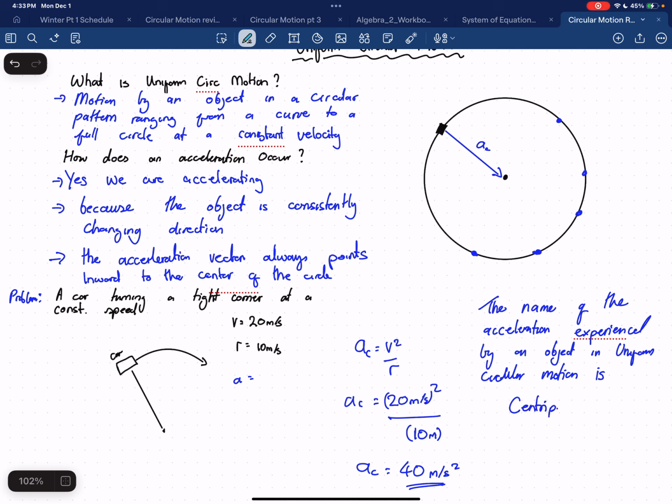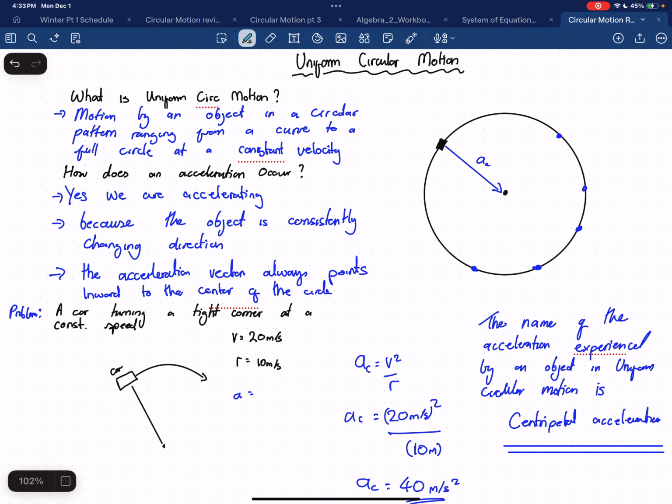All right? So the acceleration we're referring to here, that points into the center of the circle, is called centripetal acceleration. Just wanted you to be clear on that. Okay. All right, let's move on.